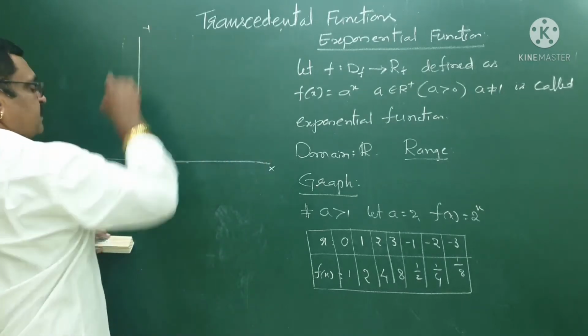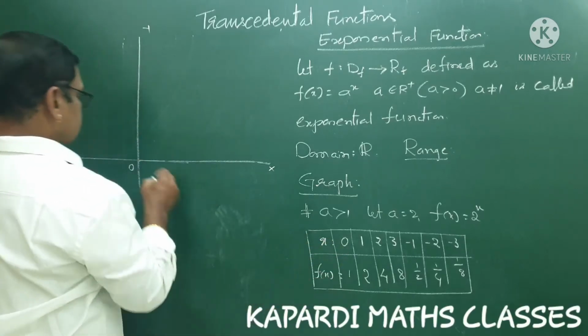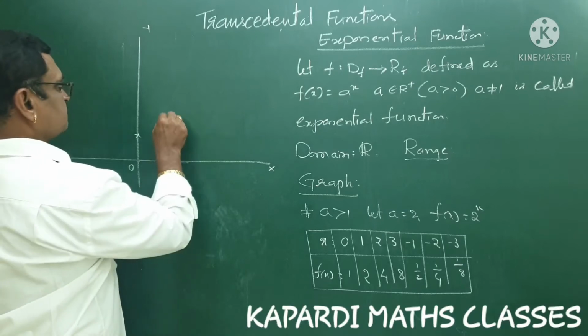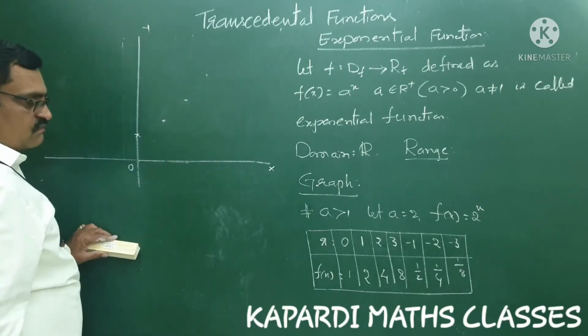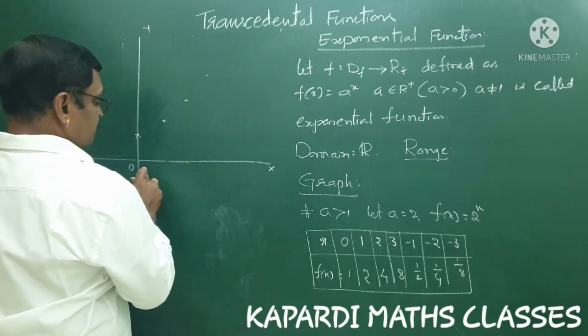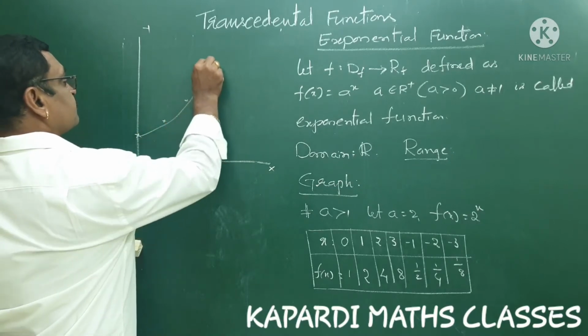x-axis, y-axis, their point of intersection is the origin. When x is equal to 0, my value is 1. When x is equal to 1, and so on. When x is approaching positive infinity, my graph increases like this.